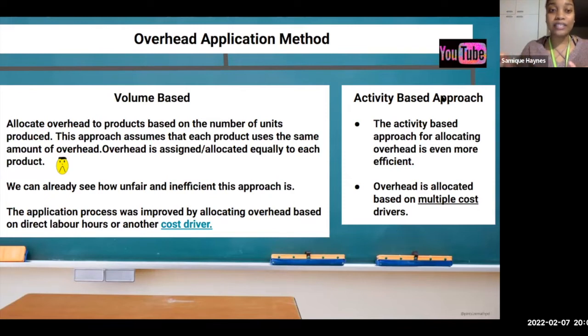So if we notice that by using a cost driver like direct labor hours, it makes the allocation of the cost of manufacturing overhead to each product more efficient. Well, activity-based approach is even more efficient because instead of just using one cost driver, we end up using multiple cost drivers, okay? So we'll talk about that more as we go along.